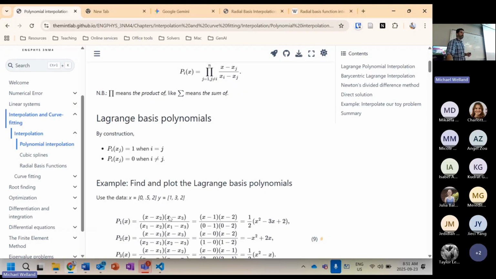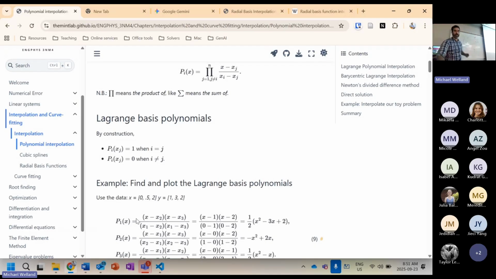If x is equal to x3, 0, everything is dead. By construction, these polynomials are only equal to 1 for the associated data point, and 0 everywhere else. Once you plug in the numbers and multiply, you get this seemingly innocent parabola. This is only the first Lagrange polynomial.